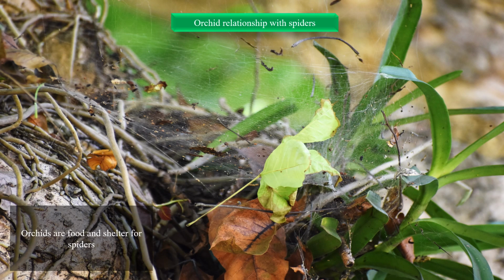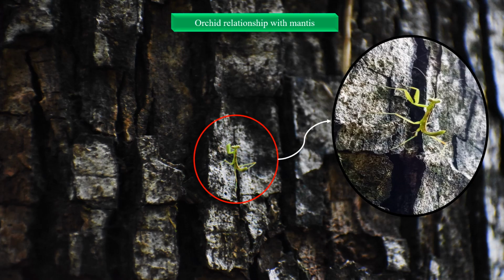Here you can also see the orchid's relationship with spiders. Where there is an orchid, the spider will form its home in it. They use it for shelter or food, because many insects are trapped there and they feed on those insects.